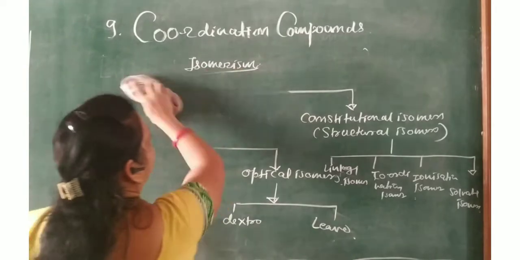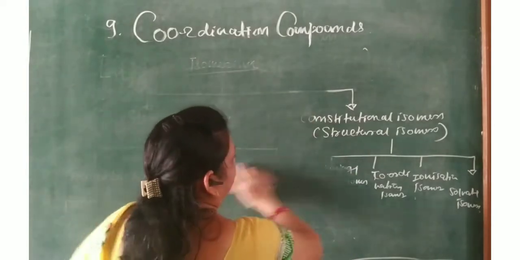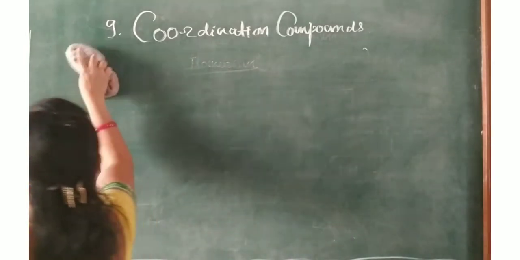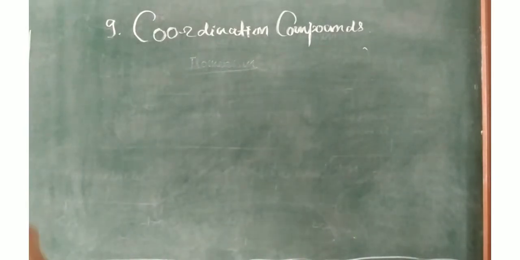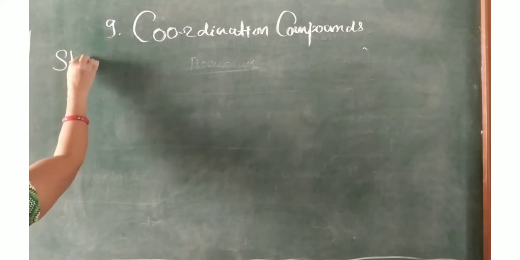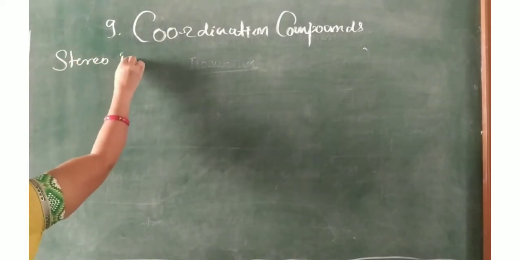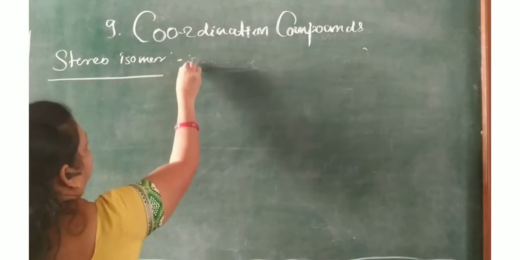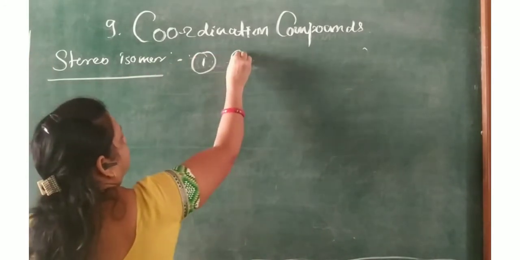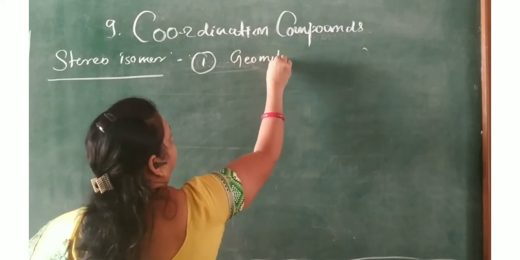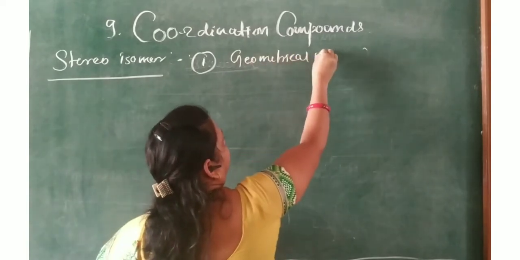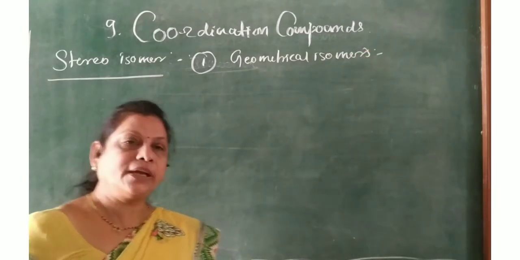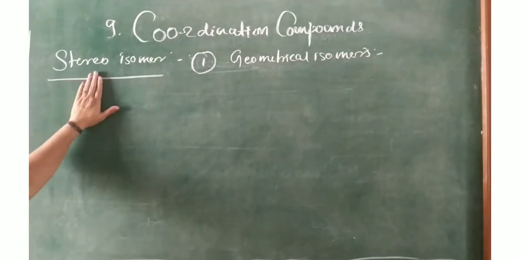Let us start with stereoisomers, and in stereoisomers, first, geometrical isomers. So stereoisomers means what?